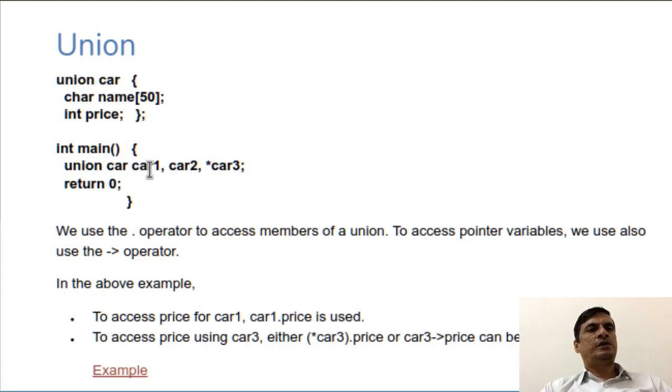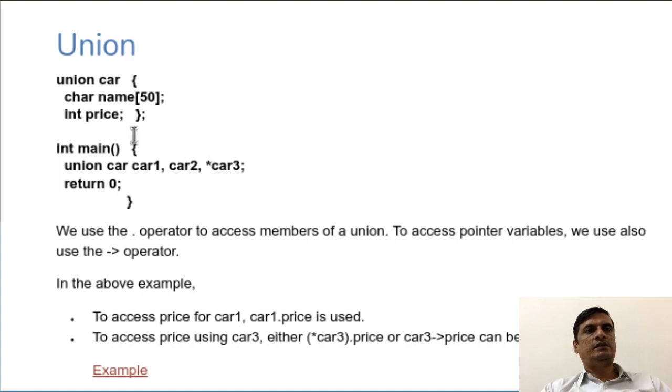If it is a normal variable, then you use the dot operator, or if it is a pointer variable, then you use the minus greater than, which together you call the dereferencing operator, which can be used to access the price through car3. If it is the dot operator, then we use car1 dot price.